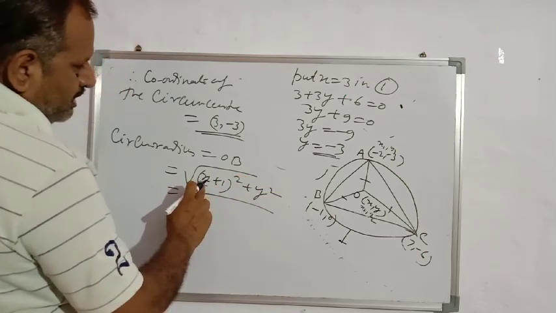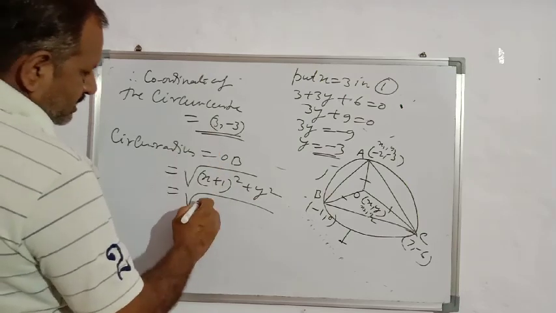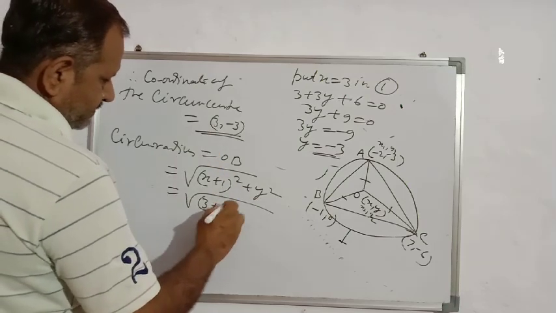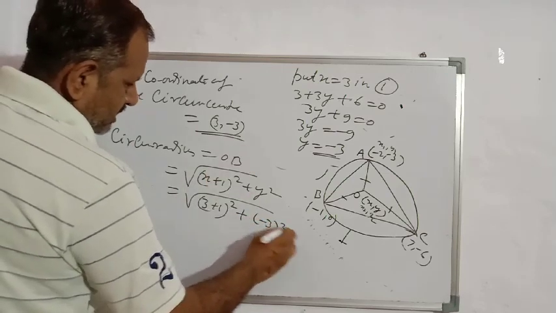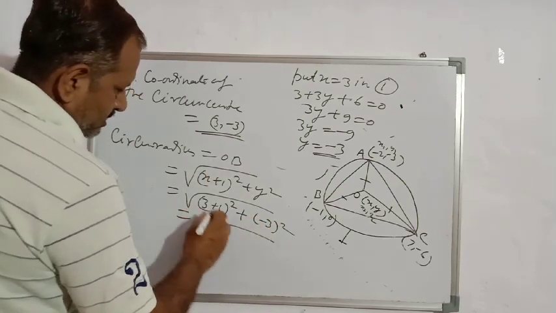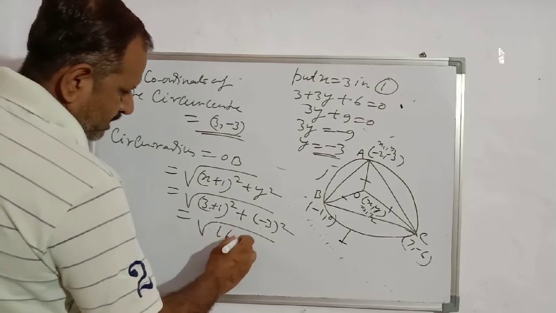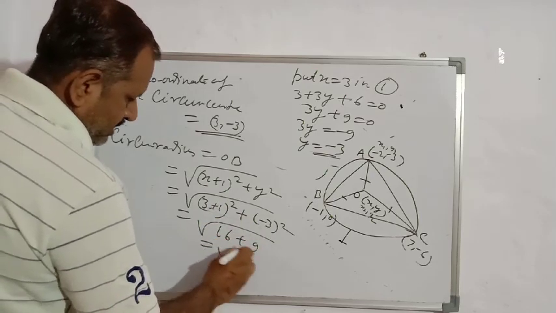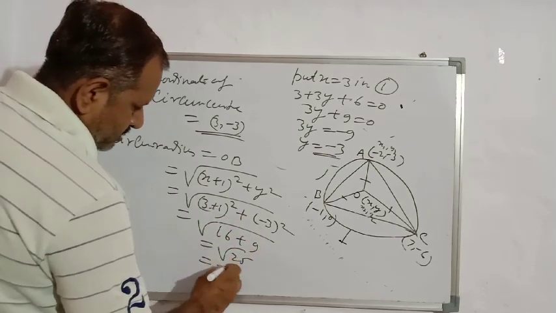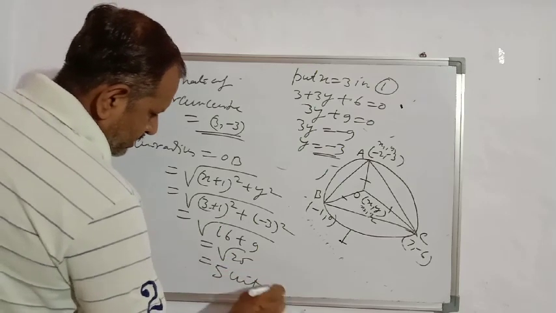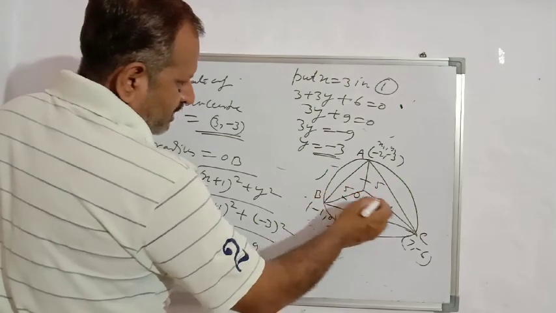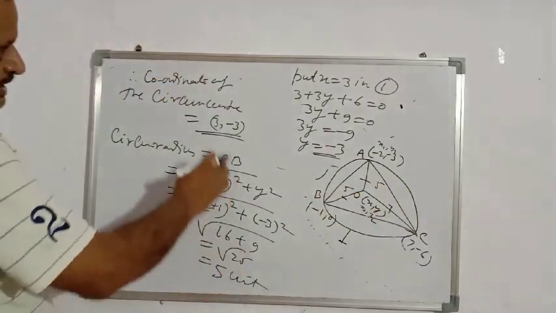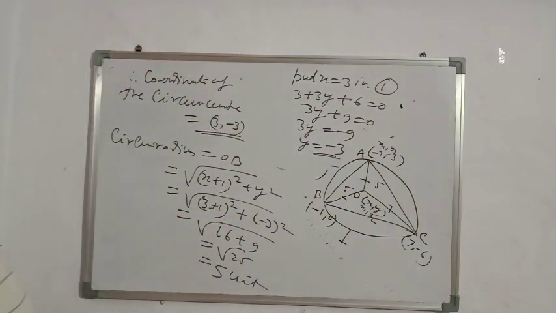Put the values of x and y here. x is 3, so 3 plus 1 square. y is minus 3, so minus 3 square. 3 plus 1 is 4, square is 16. Minus 3 square is 9. 16 plus 9 is 25, so the square root is 5 unit. So the radius is 5 unit. OA is 5, OB is 5, OC is 5, and the center is 3 comma minus 3.